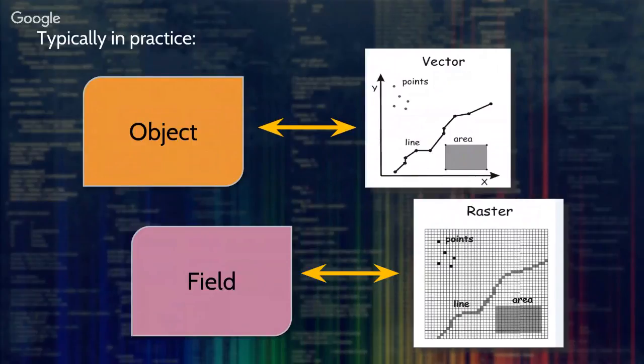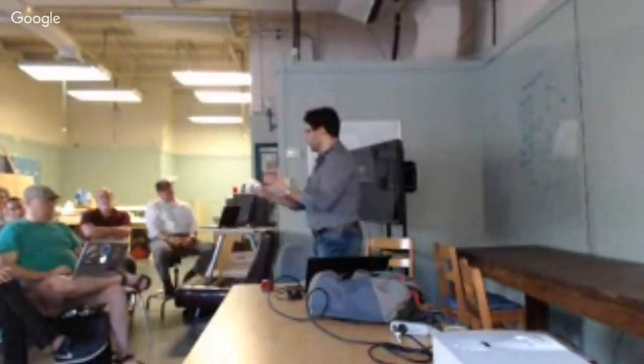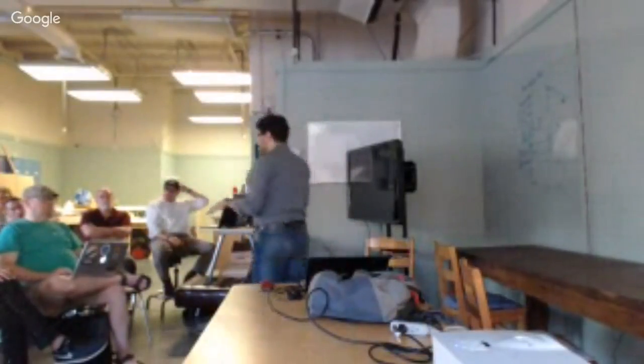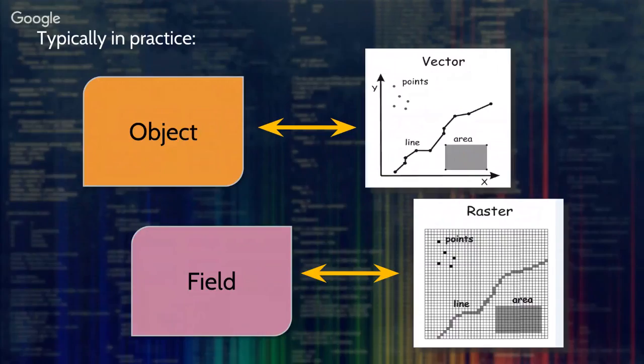When we think of something as a continuous field, air temperature, precipitation, political will, things like that, then we can model them as a continuously fluctuating field with little discrete samples, so a raster, right? Those are not hard and fast rules, but usually that's what we end up doing. Whatever it is that we're mapping, if it's object-like, it has discrete boundaries, we usually do it with vectors. If it's a continuously spatially fluctuating field, we usually use a raster.